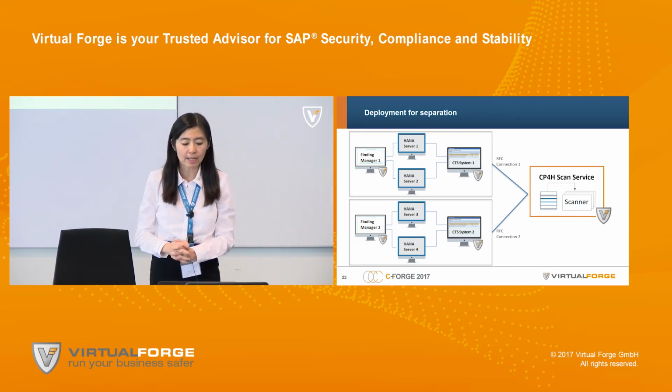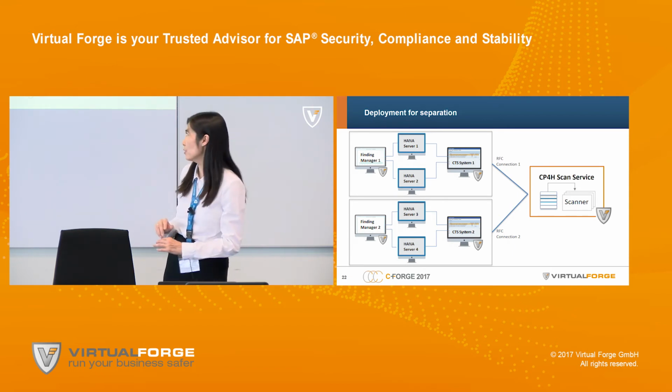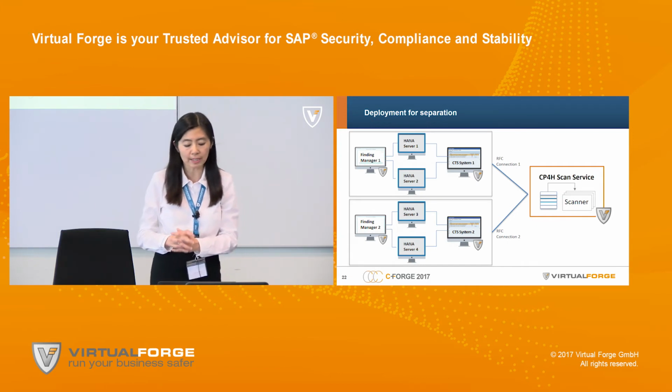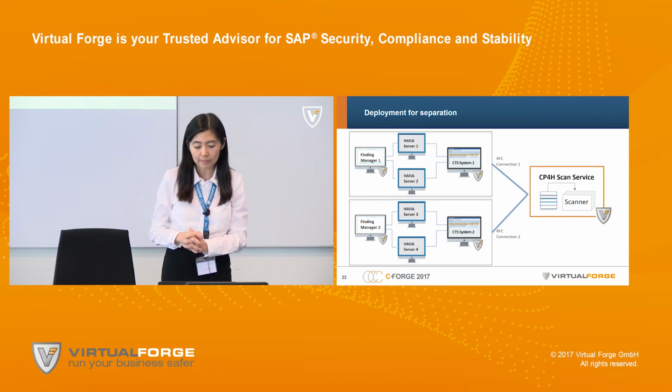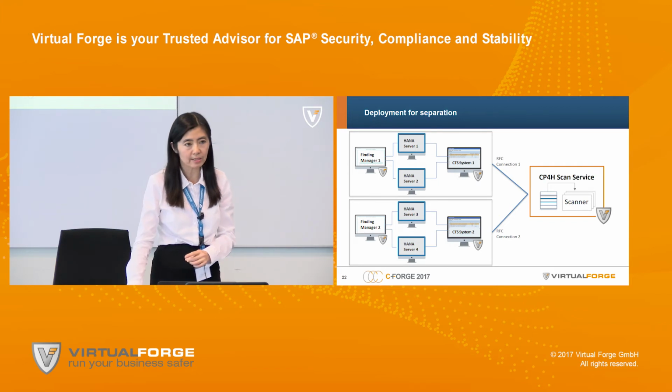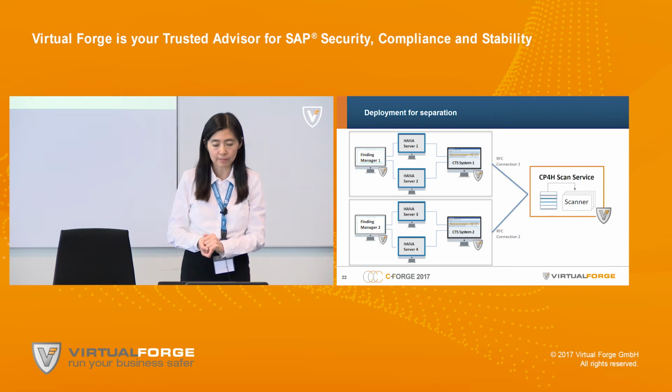In the first box, finding manager 1 is responsible to keep track of findings from HANA System 1 and HANA System 2. And the second finding manager is responsible to save the findings for two other HANA systems. And you have two CTS Plus systems. They're both connected via IFC connection to our scan services. Because the scan services is designed for parallelity, you don't need to have a central message hub.